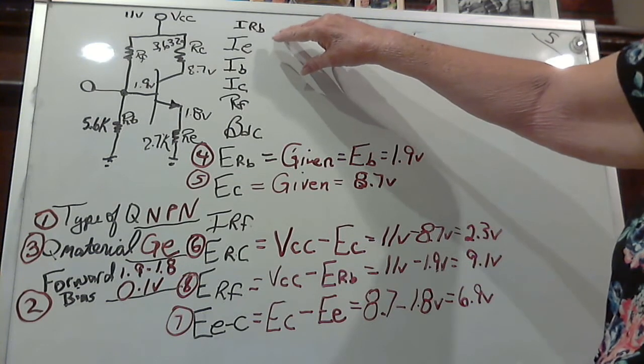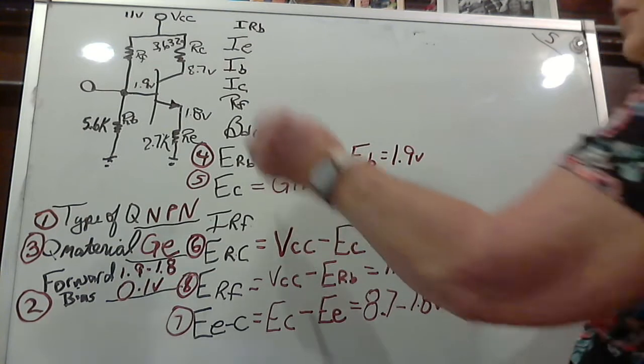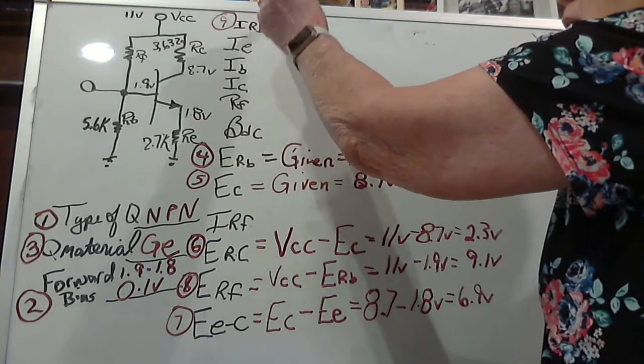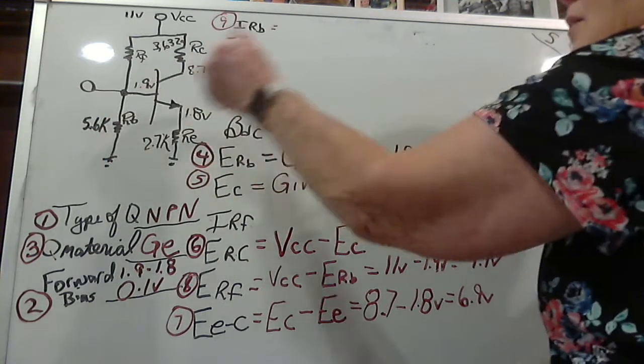IRB is the current through RB. Oh, I could do that one. So we're going to do that one as number 9. I know that the current flow is the voltage divided by that resistance.